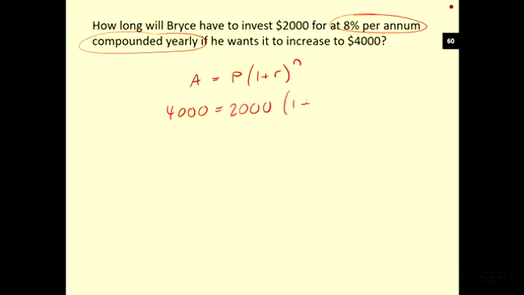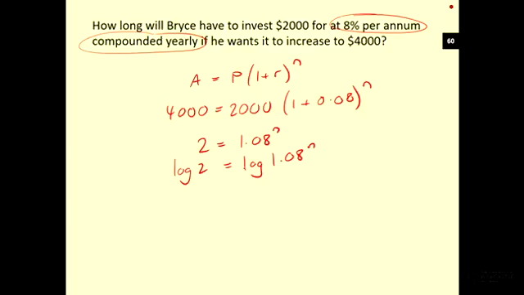1 plus a rate of 8% per annum to the N, where the N's the unknown. Let's simplify it a bit. Let's divide both sides by 2,000. Like I said, it's a doubling time question. There it is. 4,000 over 2,000 is the number 2. I've got 1.08 to the N. Forgive me if I just write that and then go to the final answer, because we're at the same spot as every other question now, aren't we?